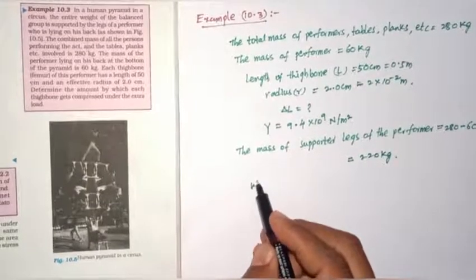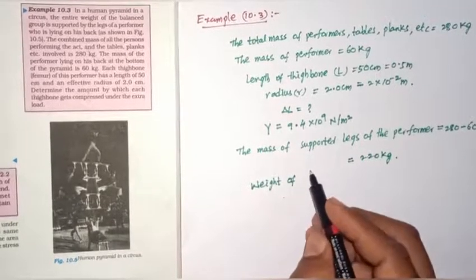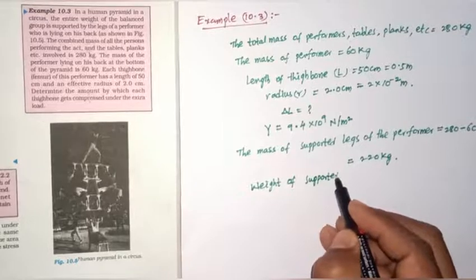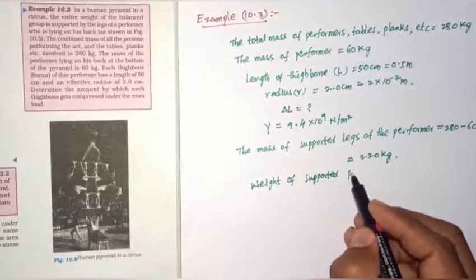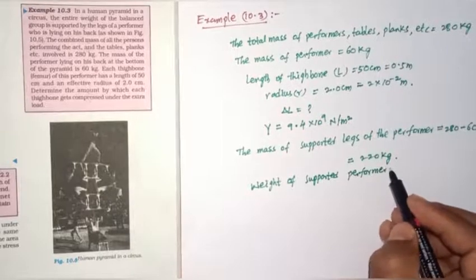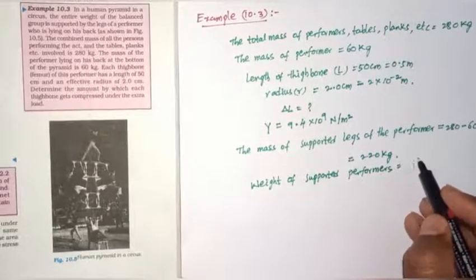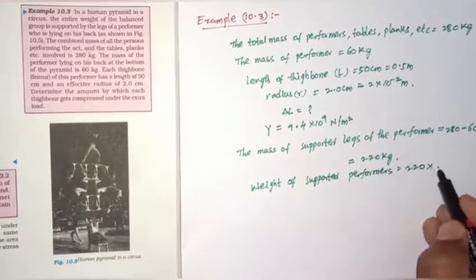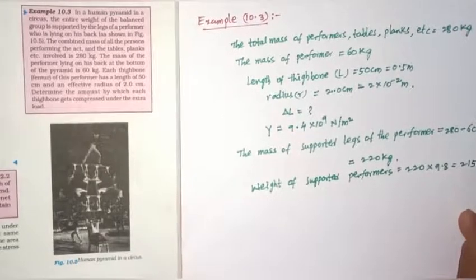Then the weight supported by the performers: weight is nothing but the force load. So weight equals 220 mass into acceleration due to gravity, that is 9.8, so 2156 newtons.